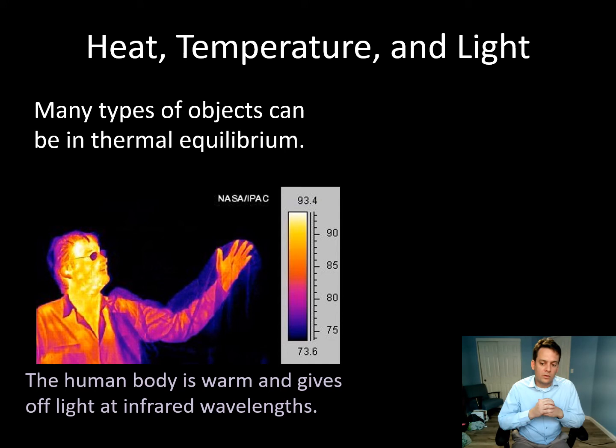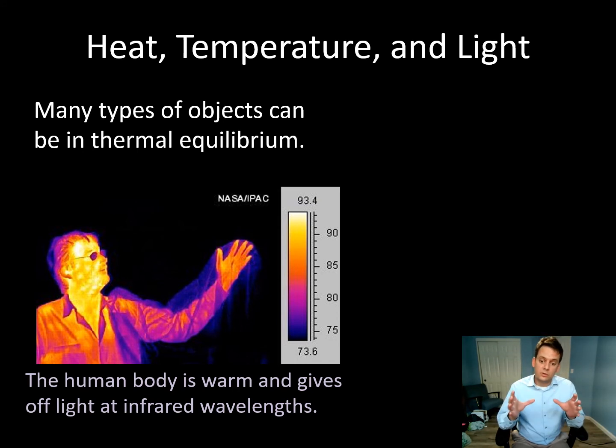And so if it's dark, if it's night, then we're not reflecting any light because there's no light from the sun coming to reflect off of us. And so all of the wavelengths of electromagnetic radiation that we're emitting are invisible. They're in the infrared.